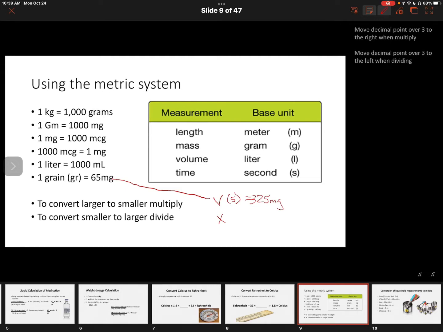If I had 10 grains, I would take 65 and multiply it by 10, and that would give me 650 milligrams.